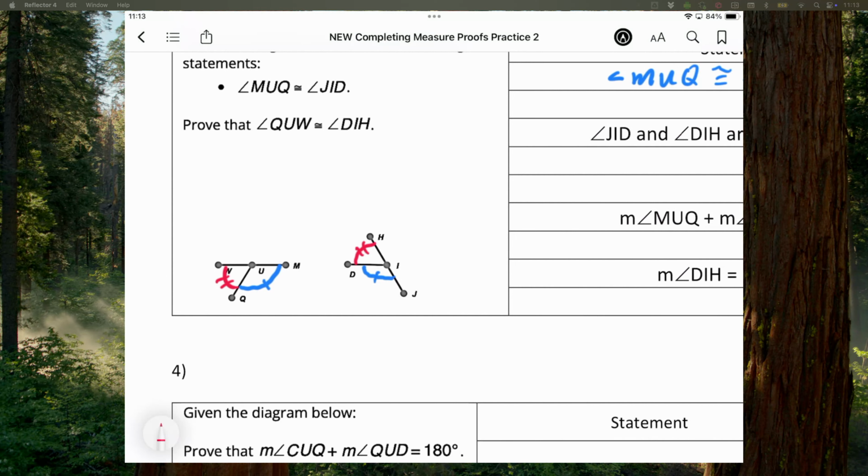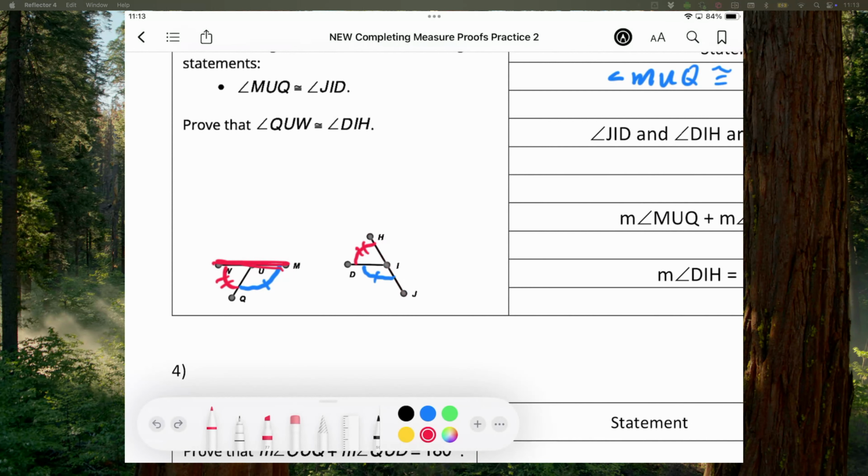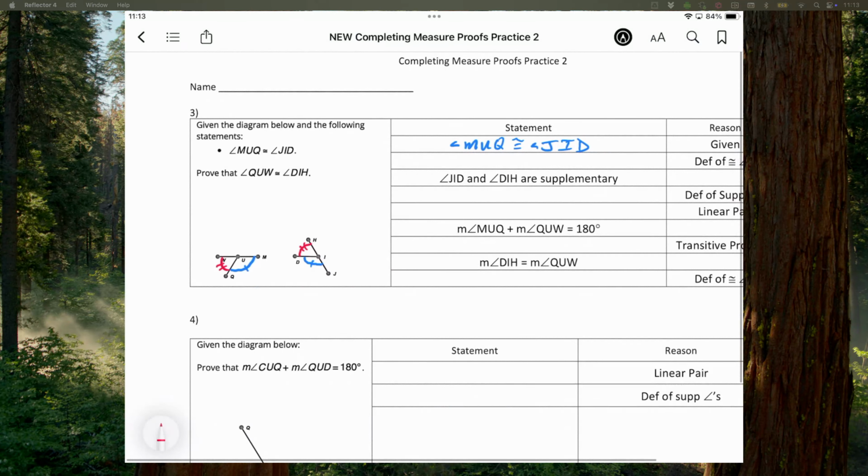The way we're going to do that is say, oh look, together these make a linear pair, together these make a linear pair. These two angles are the same, so if both pairs of those make a linear pair, these two angles must also be the same. Here's how it's going to go in our proof.